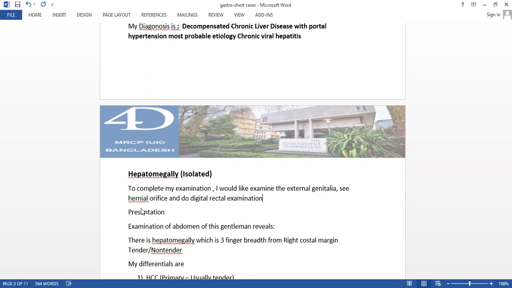Without developing hepatocellular carcinoma, in chronic viral hepatitis the liver usually becomes small, shrunken. So in hepatomegaly, the list should be hepatocellular carcinoma, primary or secondary, cystic liver disease, and CLD due to alcoholic liver disease, non-alcoholic fatty liver disease, hemochromatosis.